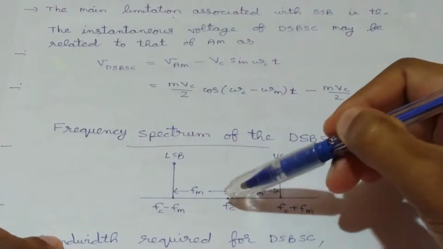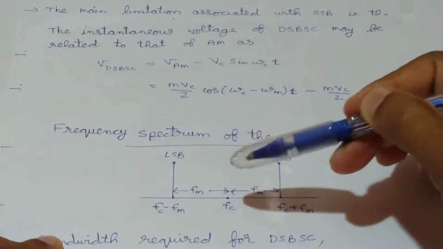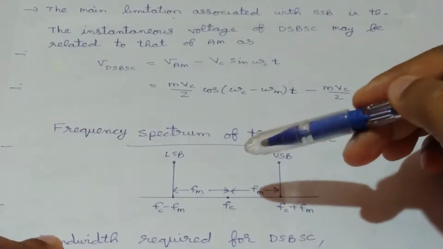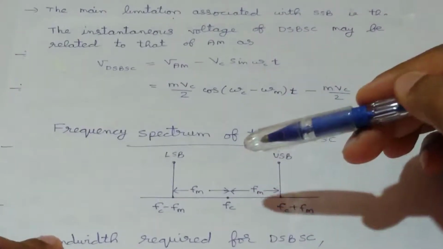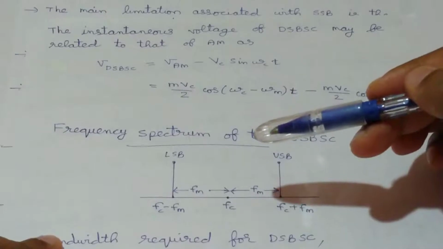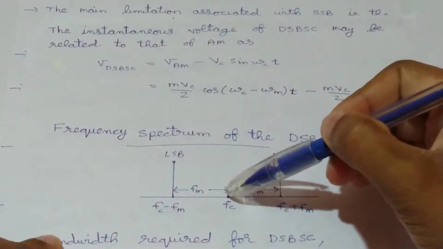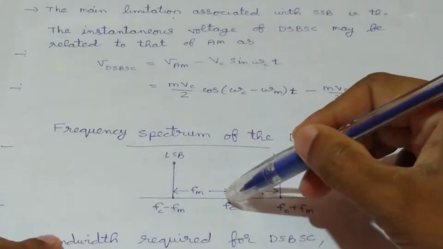So precise cutting at the fc frequency is mandatory. If it deviates slightly from fc, it will eliminate some portion of the wanted sideband, because in many cases the message has information starting from zero frequency and spreads up to a maximum of fm hertz. So the lower frequency components of our information signal lie very close to fc.